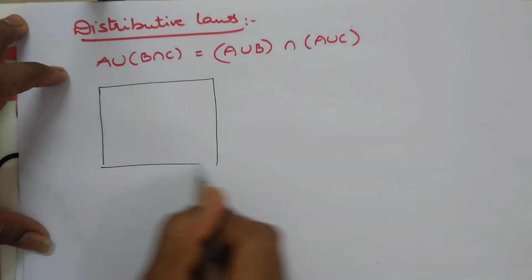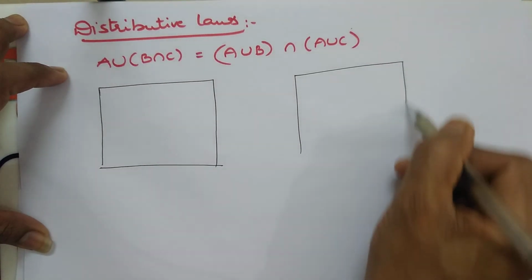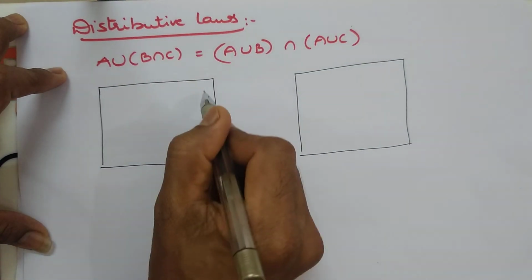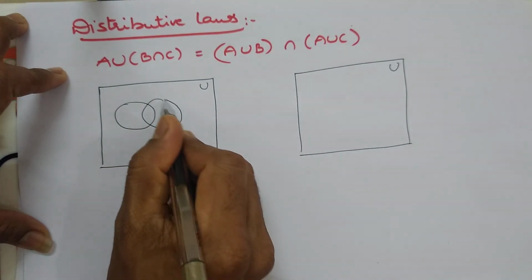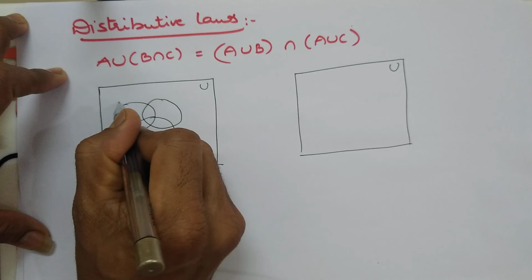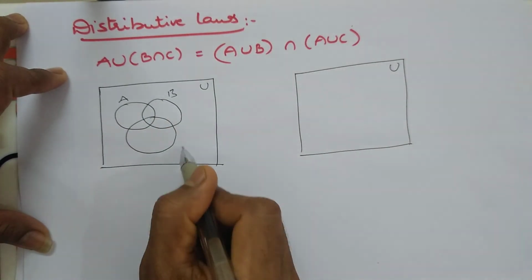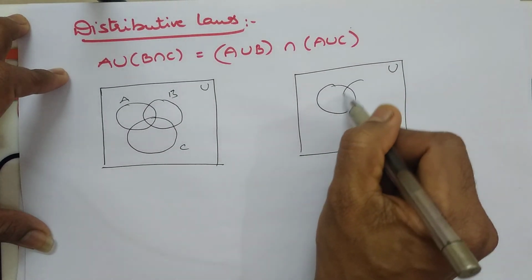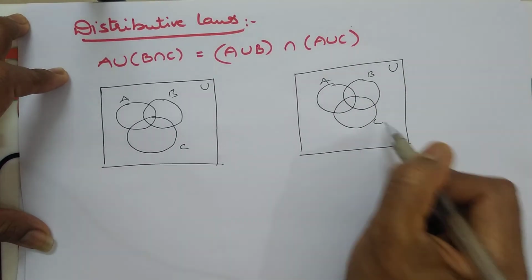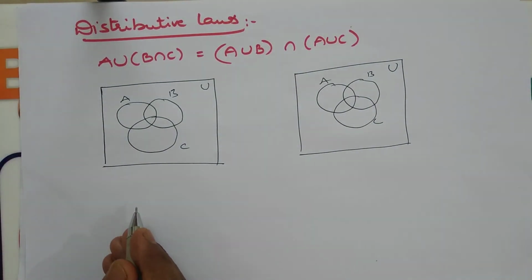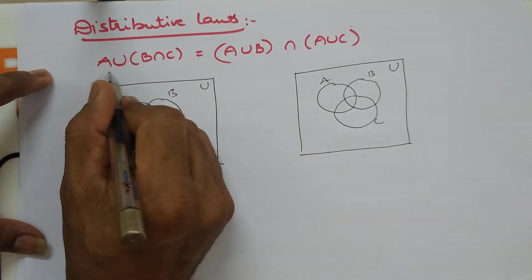First you take two boxes, separate universal sets, each with A, B, C. Now first I am going to do the first part.